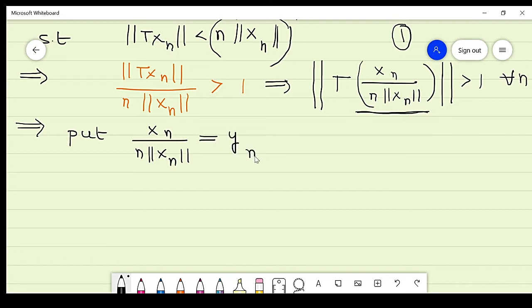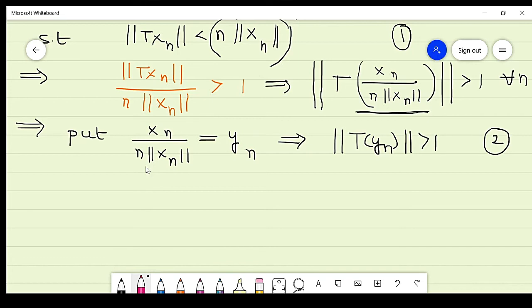So for this sequence, it implies norm of T of yn is greater than 1. So this is equation number 2. Write it as equation number 2.